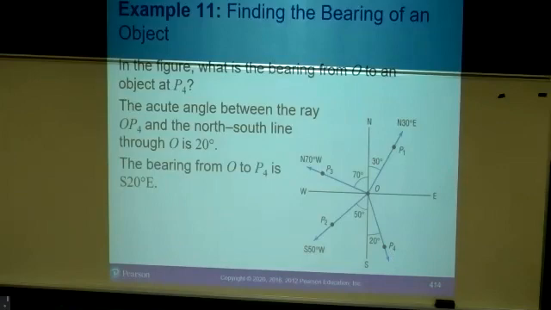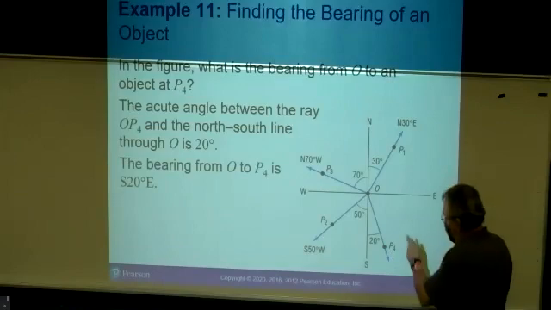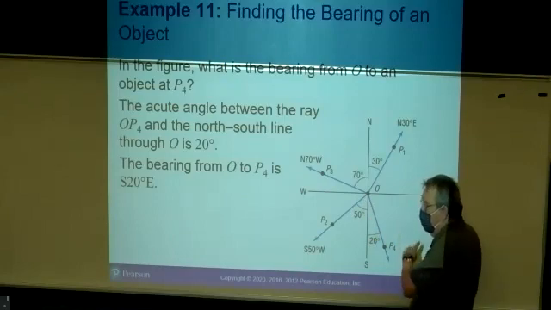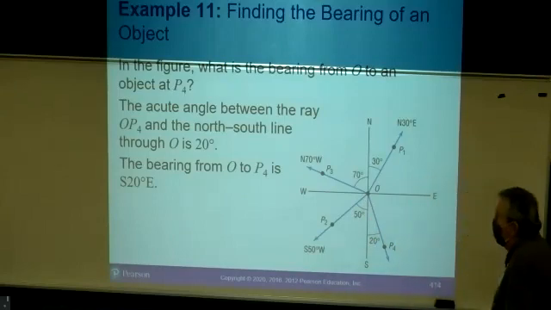So the bearing is always an acute angle, less than 90, more than 0, because if you're going due east or due west, that's what we'd say, due east or due west.